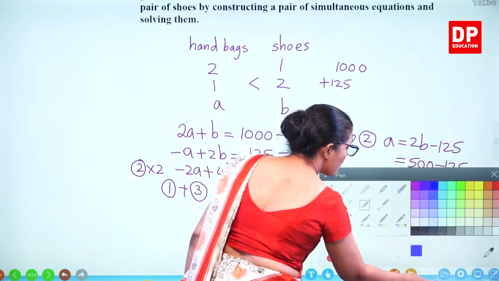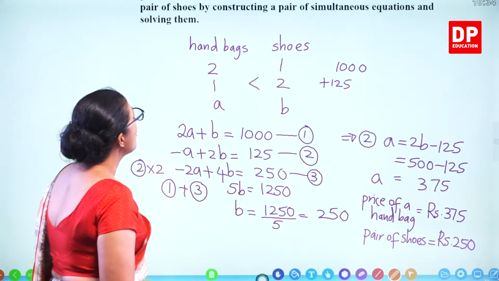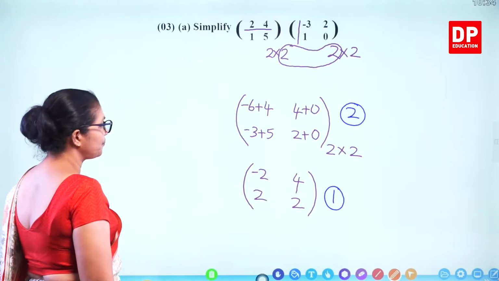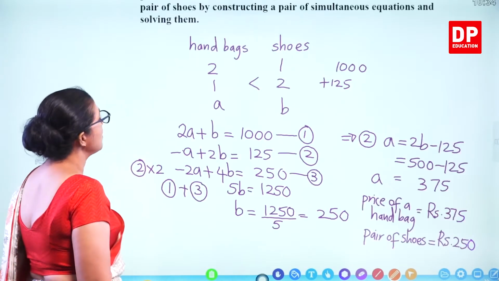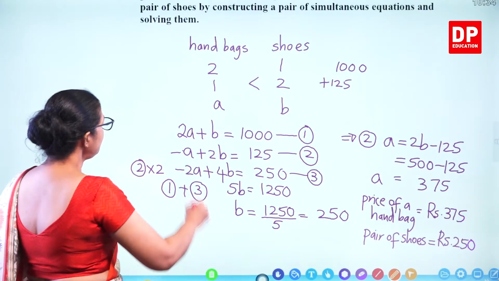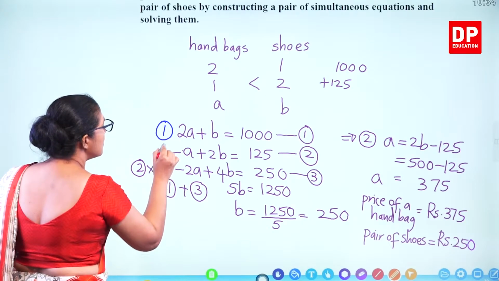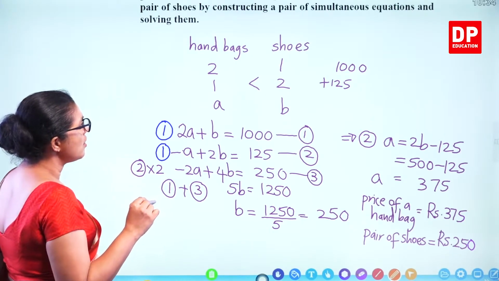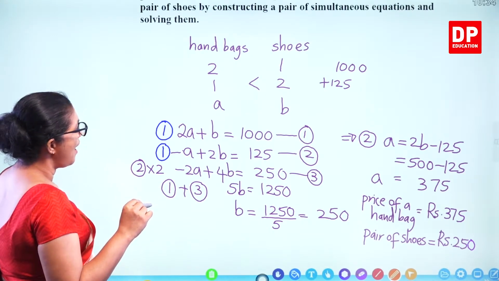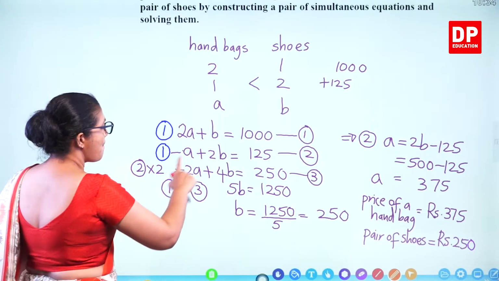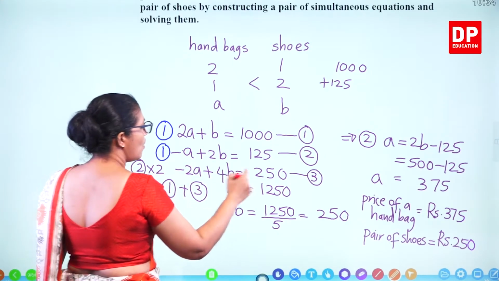Now we'll try to give marks. Now previous part we gave 3. So this one 7 marks. Constructing this equation 1 mark. Constructing the second equation 1 mark. And then method here 1 mark.